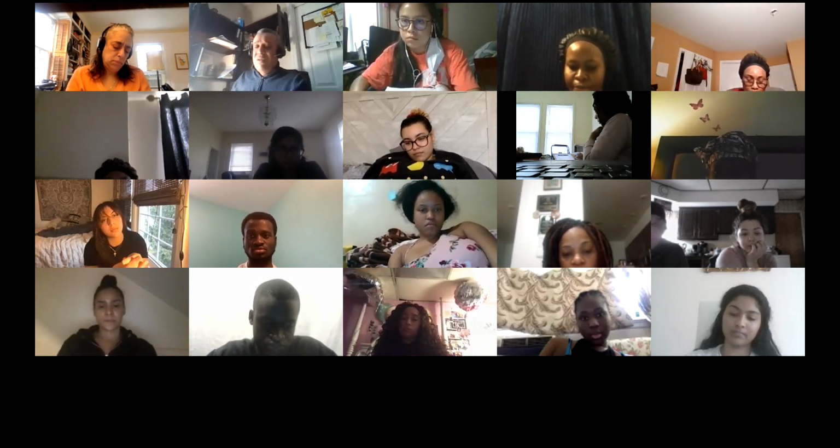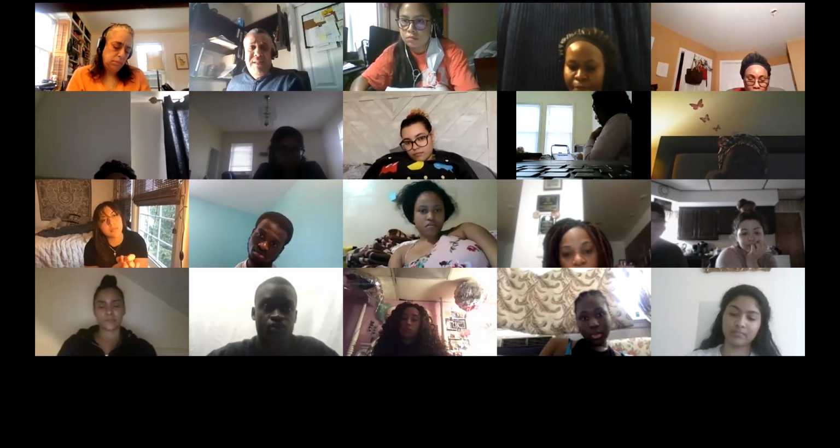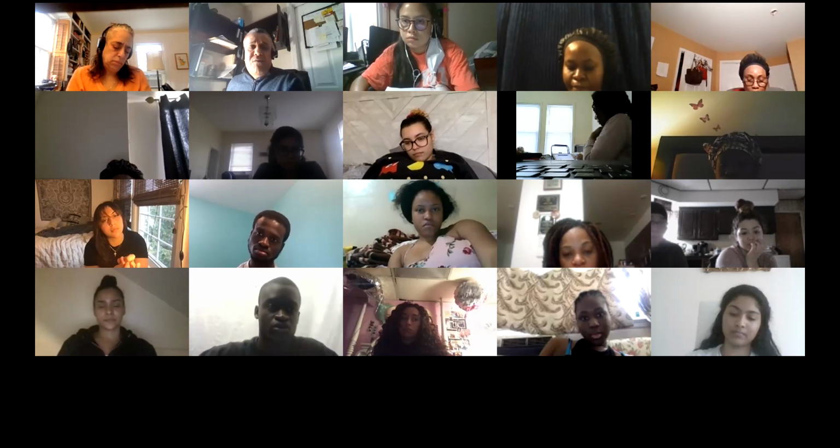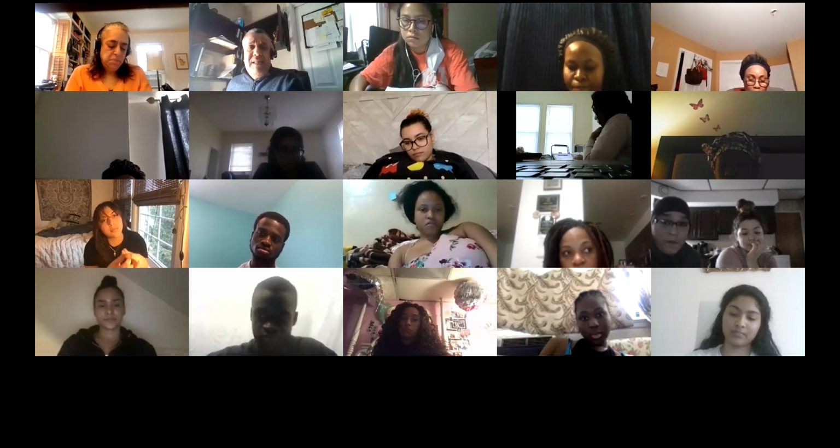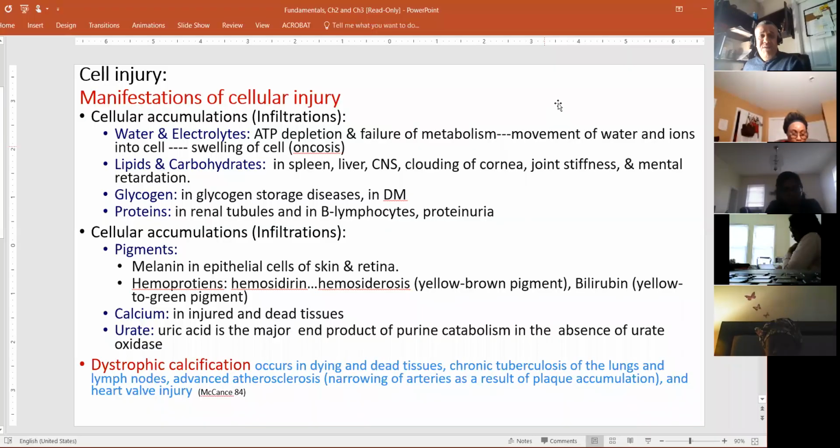I just brought this example of thalassemia because it requires frequent blood transfusions, and from receiving all of these blood transfusions, the patient will also receive the iron. So they will develop something called hemosiderosis and hemochromatosis.